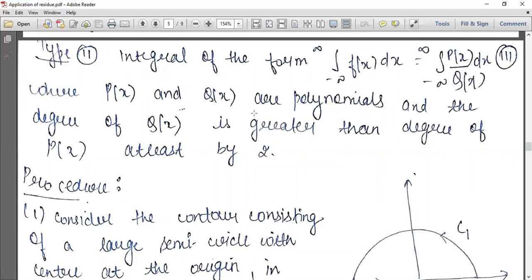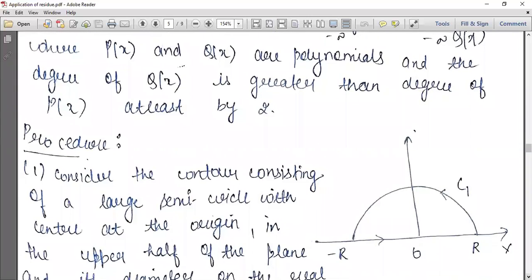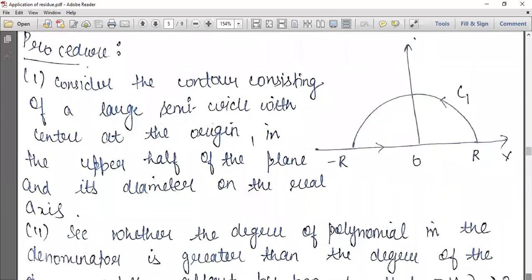Now p(x) and q(x) are polynomials, and just remember here the degree of q(x), that is the denominator, is greater than the degree of p(x) at least by 2, which means the degree of the denominator is greater than the degree of the numerator at least by 2. So we will deal with this type of integral, and again we will solve them with the help of Cauchy residue theorem by selecting a suitable contour. So let's see what the procedure is here.